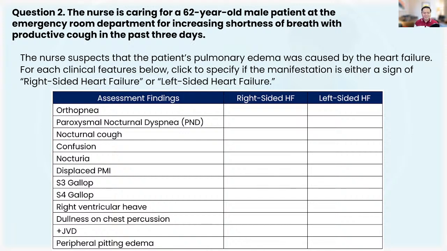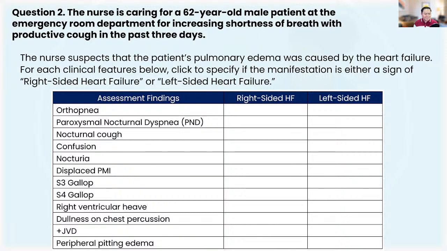Again, let's take a look into the scenario here. It's stated the nurse is caring for a 62-year-old male patient at the emergency room department for increasing shortness of breath with productive cough in the past 3 days. The nurse documented in the ED nurse's notes the following. Hang on a sec.